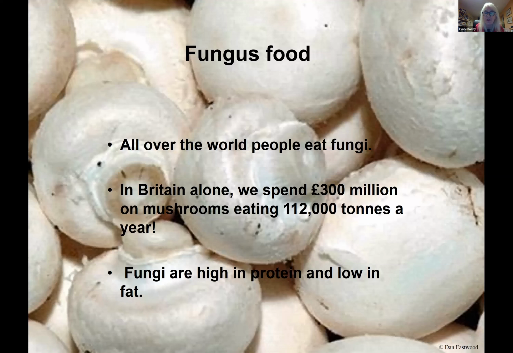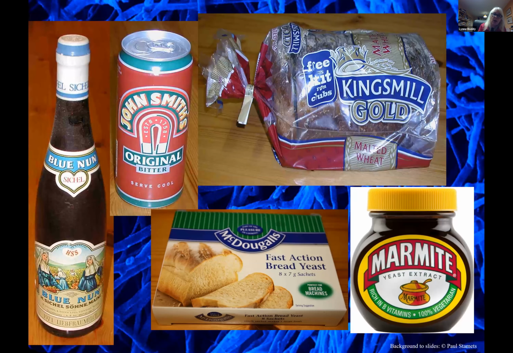Of course, we eat fungi because fungi are very nutritious. They're high in protein, low in fats. Indeed, many animals eat them, including vertebrates eating fruit bodies, and many invertebrates depend directly or indirectly on fungal mycelium as a food source. Of course, we know about making alcohol, that the yeast make alcohol. Yeast are fungi.